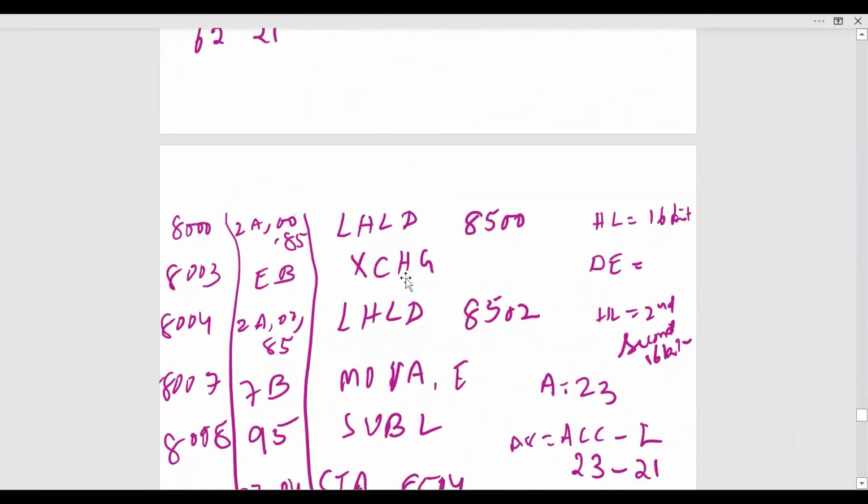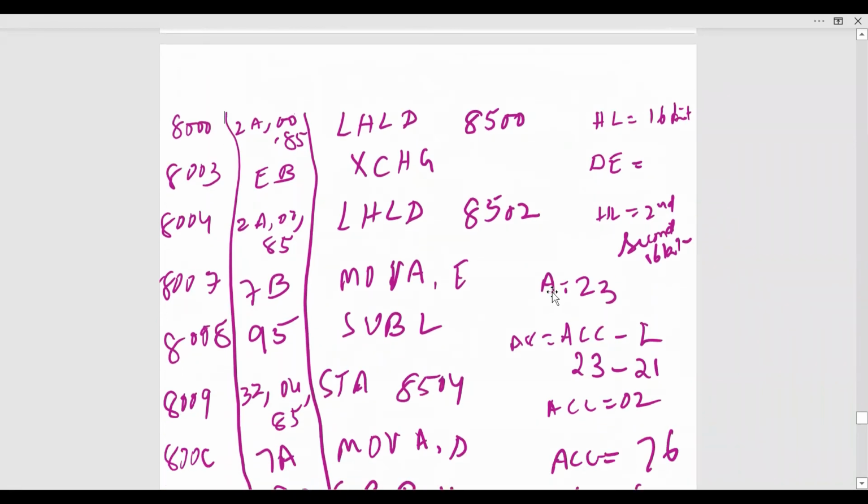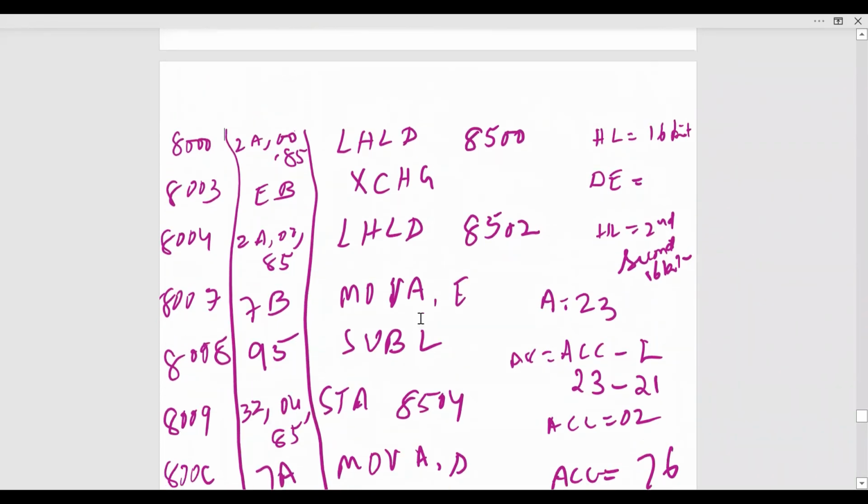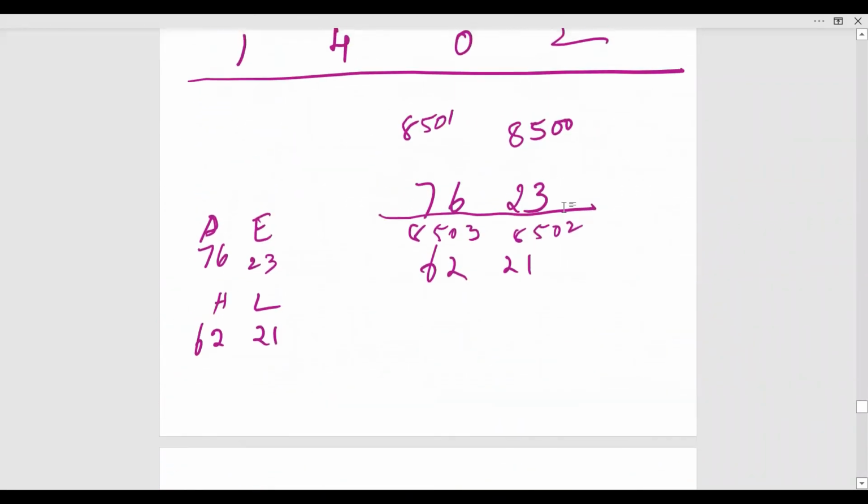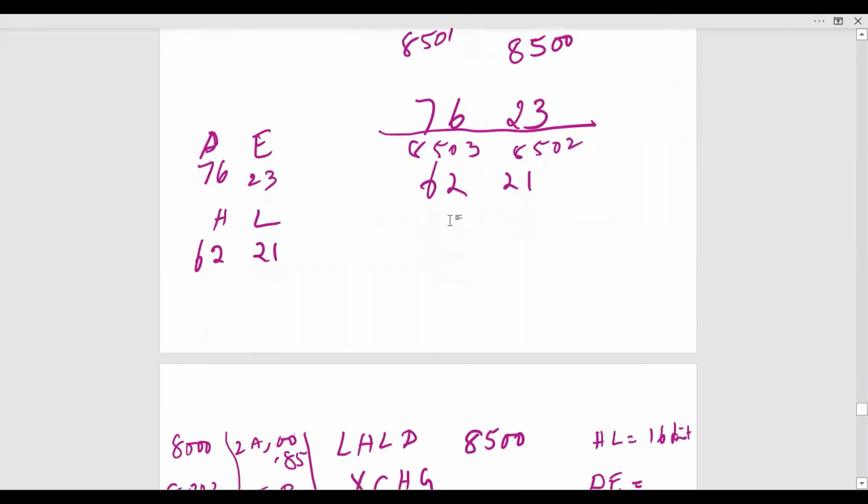So this is how we have to write the assembly language program for subtraction of two 16-bit numbers. So to subtract two 16-bit numbers, use the HL pair and DE pair. First, note that the first number is exchanged to the DE pair, and then subtraction must be done byte by byte. First, you have to subtract the lower bytes of the two numbers, and then after that you have to perform the subtraction of the higher bytes of the two 16-bit numbers.